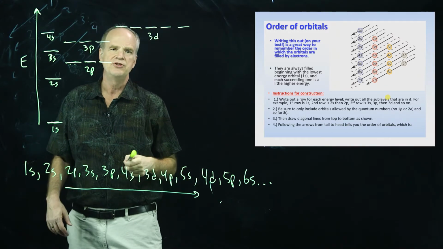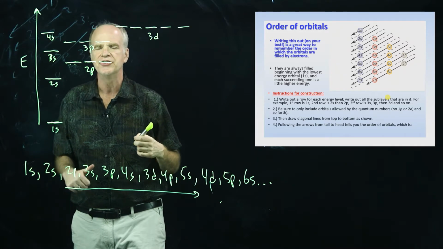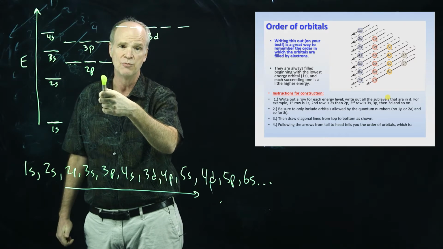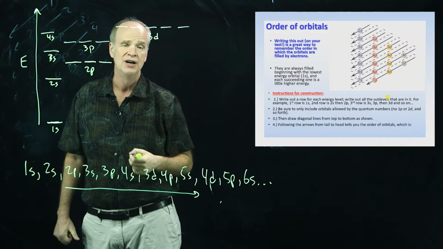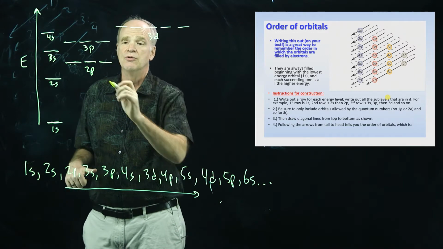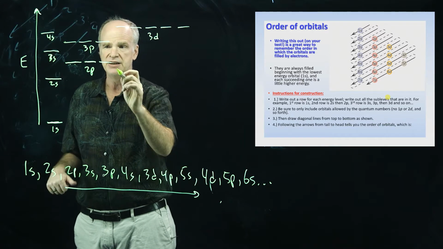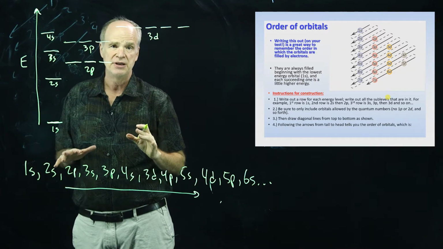And if you wanted to, you can go up further from there. Now, one thing I want you to notice is that when we have a sublevel with multiple orbitals, whether it be a p sublevel or a d sublevel, I tried to put each of these orbitals on the same line, indicating that each of the orbitals in the sublevel have exactly the same energy.